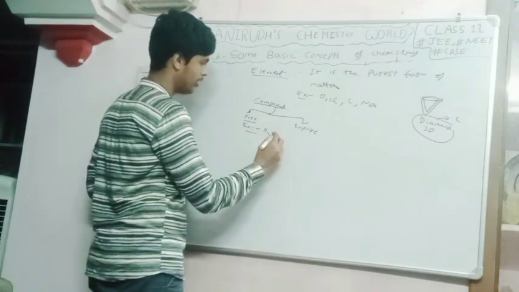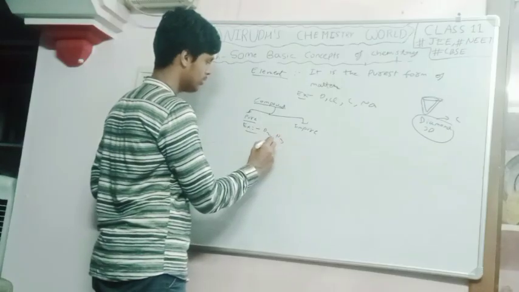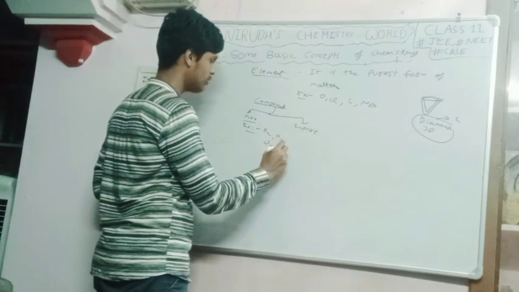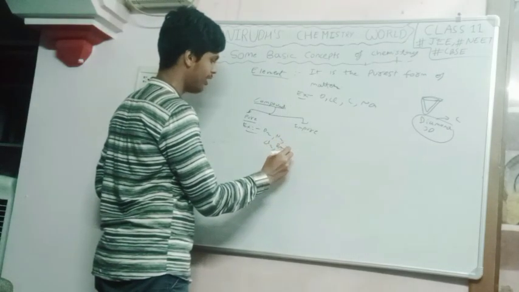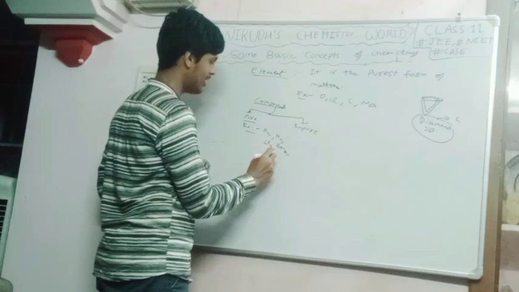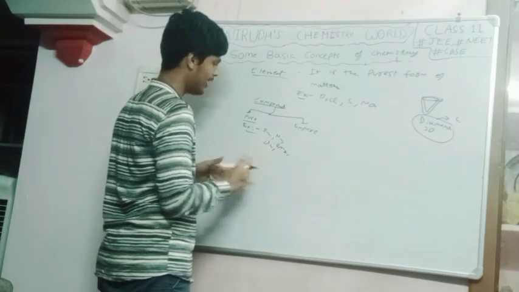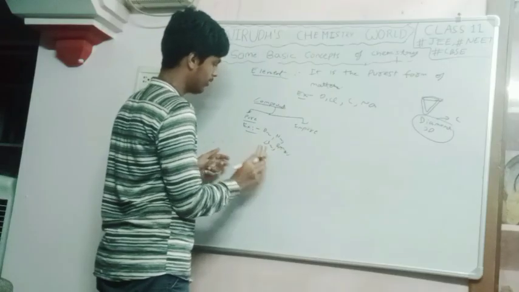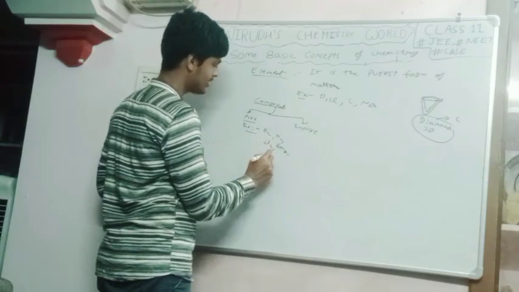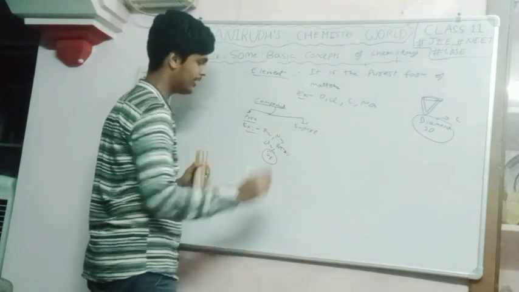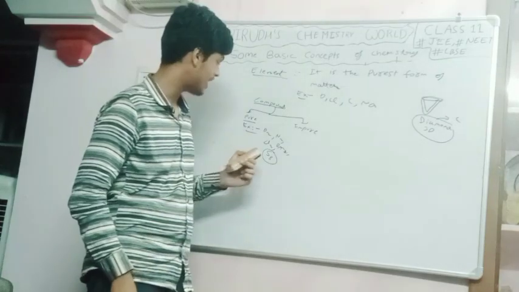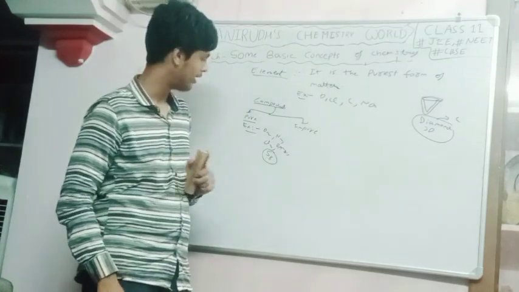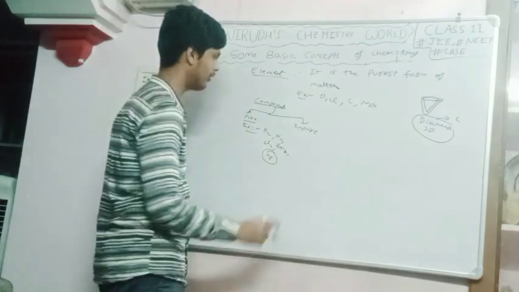O2, N2, Cl2, Br2, and whatever, all the pure elements. And you'll find one rarely. Carbon also, it's not a compound, okay? No, it's an element. S8, you might have heard this. S8, sulfur. It's a purest form of compound.